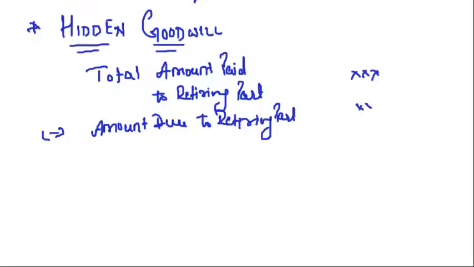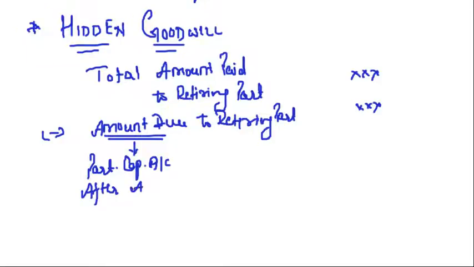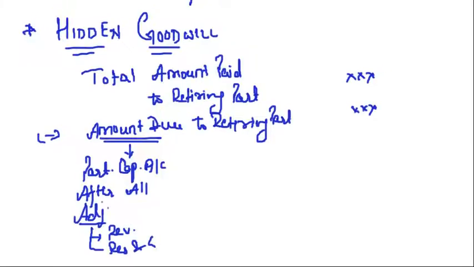How do you calculate this amount due? This amount due you will get from the partners' capital accounts after all adjustments. After all adjustments means adjustments relating to revaluation, relating to reserves and surplus.